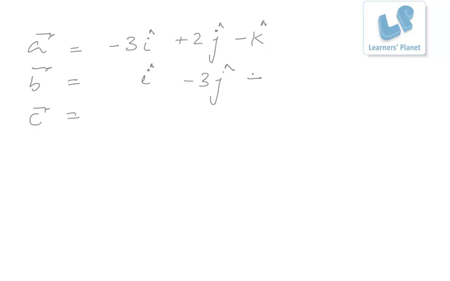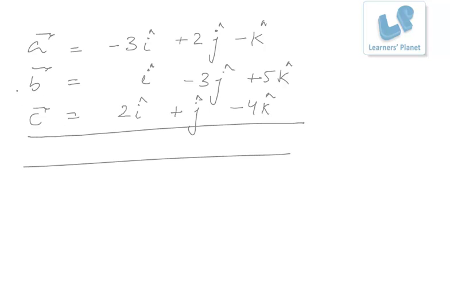Vector A, vector B and vector C are given as A is -3 i cap plus 2 j cap minus k cap, B is i cap minus 3 j cap plus 5 k cap, and vector C is given as 2 i cap plus j cap minus 4 k cap.